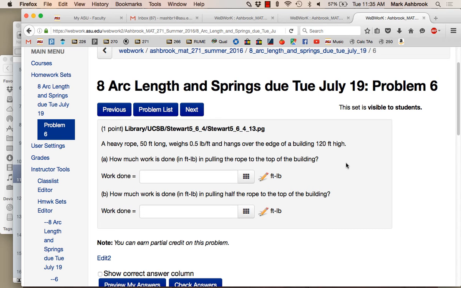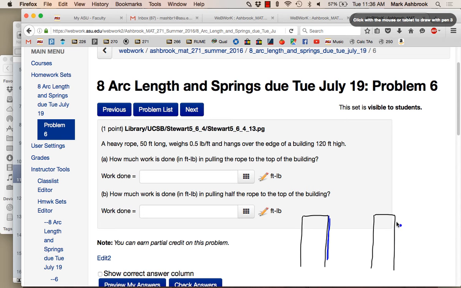So if we're going to pull the whole amount of rope up, and then we're going to take that same rope and pull half of it up, starting from here, is that going to be half as much work as that? Anyone try that? You just got your answer A right and just put half for answer B? I'm suspecting there were some. Okay, so it doesn't work out that way, right?